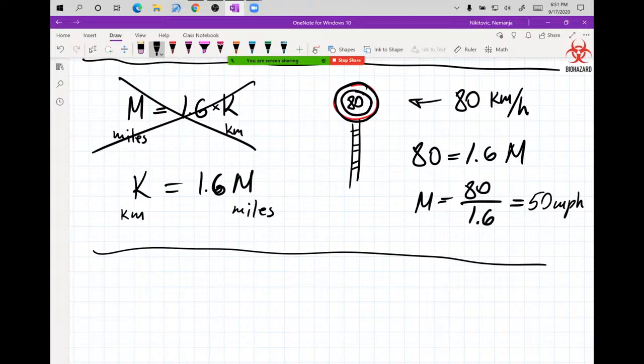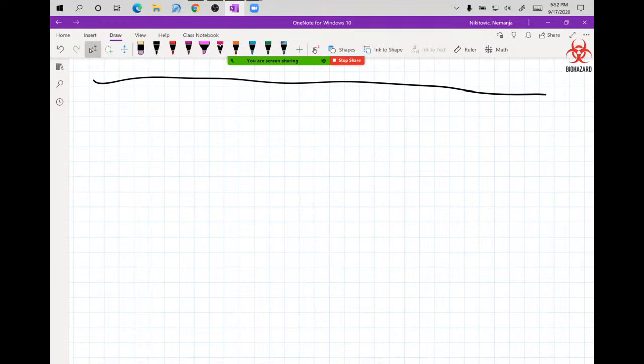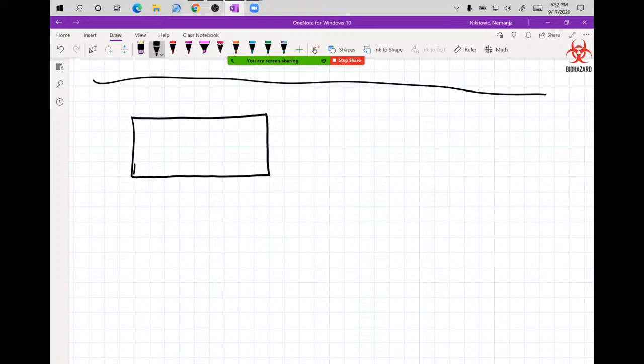If you want to paint the wall and you don't want to go to the place that sells paint 15,000 times because you need more, or you bought way too much, if you just want the perfect amount, you realize that your wall is a rectangle, and then you measure this as 14 feet.